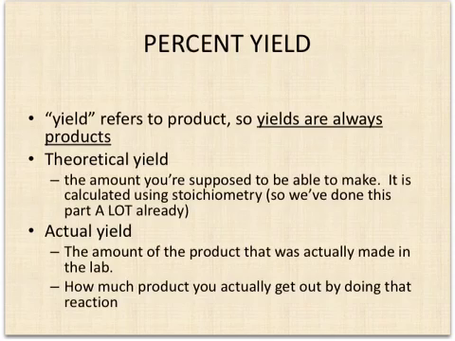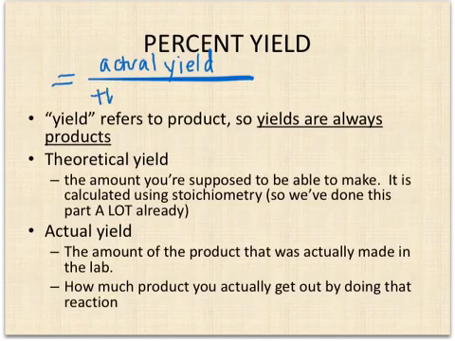So what is percent yield? Well, it's equal to the actual yield, how much of a product that we actually made in the lab, divided by theoretical yield, how much of that same product we were supposed to be able to make.